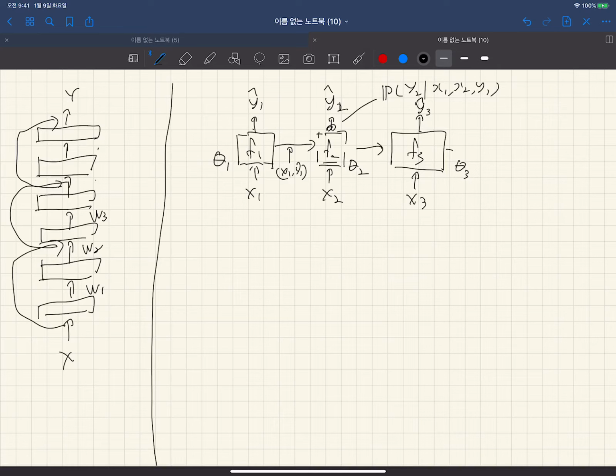So this can be length 10, this can be length 100, and so on. To deal with such cases, we have to define many functions, which means we have to define many parameters.